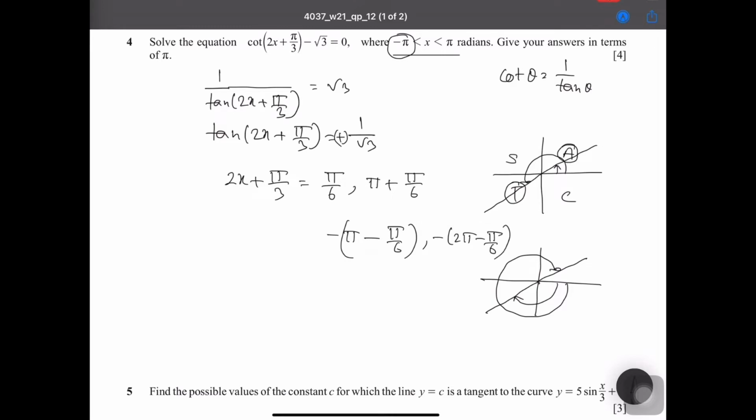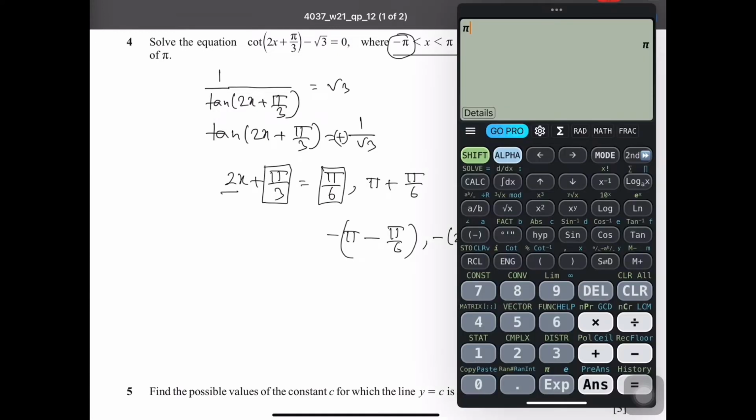Now let us simplify that. If I use the calculator, pi by 6 minus pi by 3, divided by 2. So you have x equals minus pi by 12.